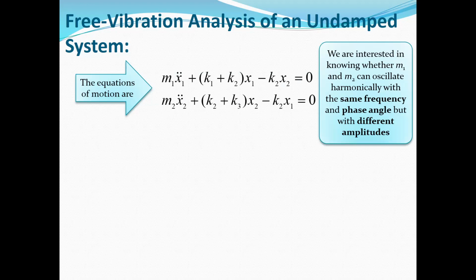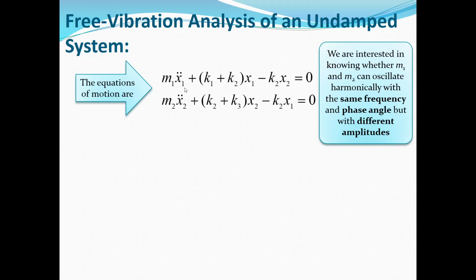So in this case, similar to the single degree of freedom system, we need to predict the responses x1 and x2. Here we have two unknowns, x1 and x2. In the single degree of freedom system, we only have x(t), and we want to obtain x(t) by solving the ODE. But in this case, we have two unknowns, x1 and x2, and we need to obtain x1 and x2 as functions of time.